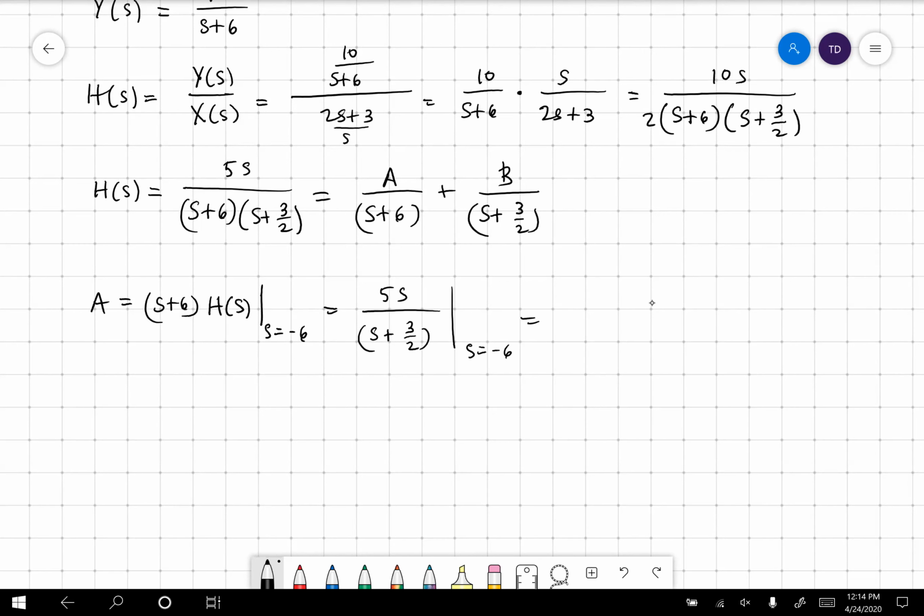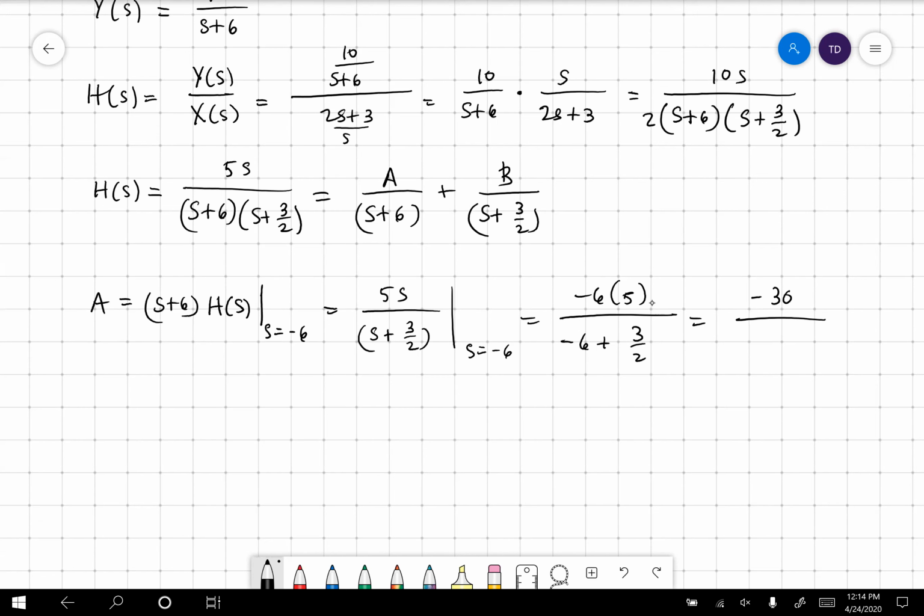Let's put in a minus 6. Minus 6 times 5 in the numerator, over minus 6 plus 3 halves. So minus 6 is minus 12 halves. Minus 6 times this 5 is minus 30 in the numerator.